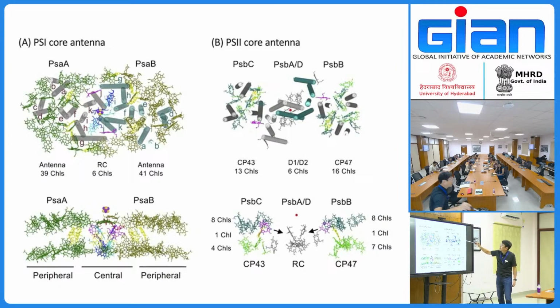The PSAB N-terminal domain is also the same: AB, CD, EF alpha helices. And it's a kind of circular structure. And in the C-terminal domain, 5 helices are present: 1, 2, 3, 4, 5. And also PSAB C-terminal domain has 5 helices.